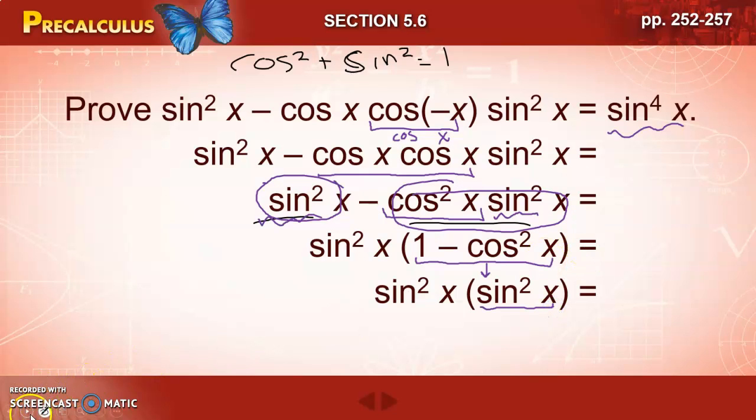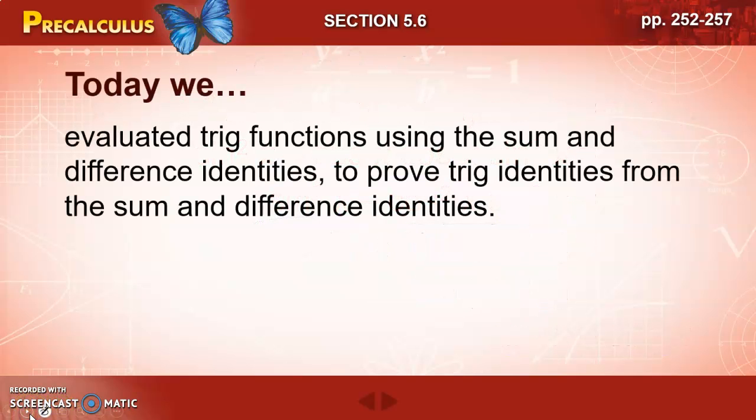And now we have sine squared x times sine squared x. When we multiply that back out, we get sine to the fourth x. And so we're left with sine to the fourth x equals sine to the fourth x. So we proved that those two trigonometric expressions were equal. We used the odd-even identity here, and then we used the Pythagorean identity to simplify that and get that to be the same as on the right-hand side.